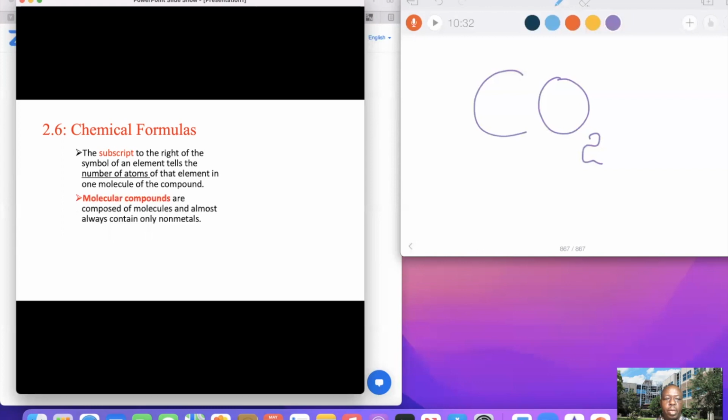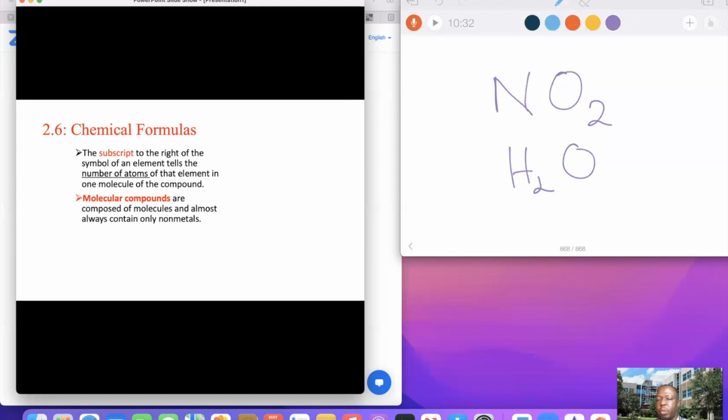Molecular compounds are composed of mostly non-metals. Carbon dioxide, carbon monoxide, we can have nitrogen dioxide, all right. H2O is another molecular compound.